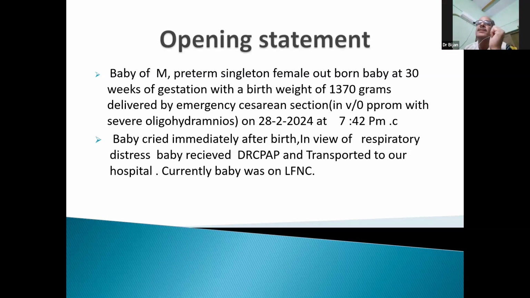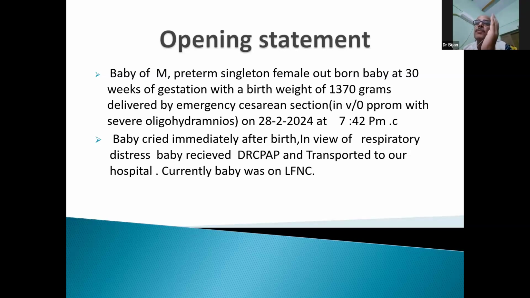Suppose the tube is on one side, so you are ventilating only the right lung. Then also there may be a low tidal volume alarm. Third, there may be some kink in the tube somewhere. That also can give rise to a low alarm. Fourth is that whatever tidal volume you have set may not be adequate.